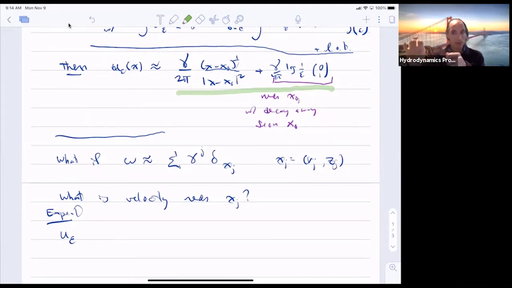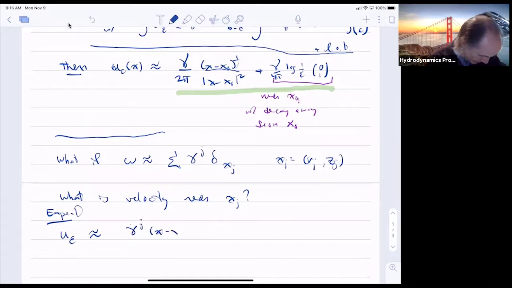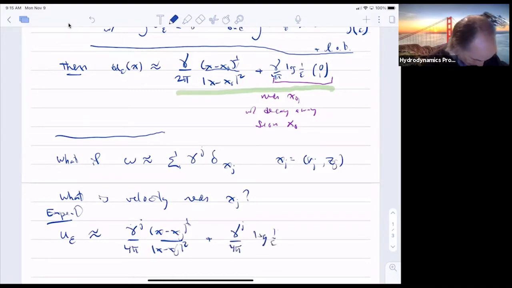And so what I'll say is that this should be like, say, gamma j times (x minus xj) perp, plus this, whatever it is, gamma j over 4 pi log 1 over epsilon, and then something in the purely z direction.